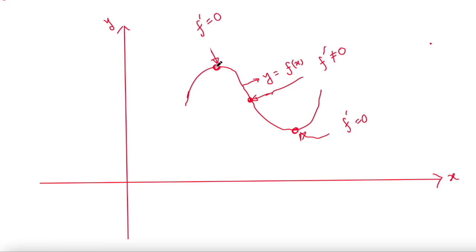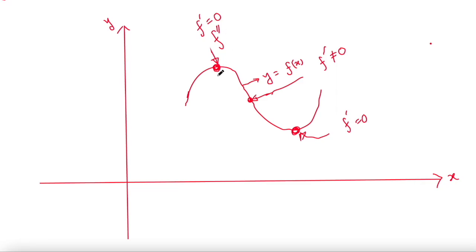Now you understand that this point is a stationary point and this point is a stationary point, but you don't know whether this point is a maximum point or minimum point. To know this, we need to calculate second derivative.